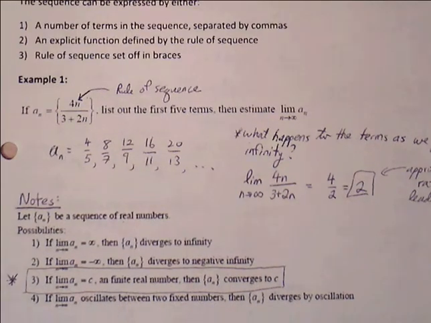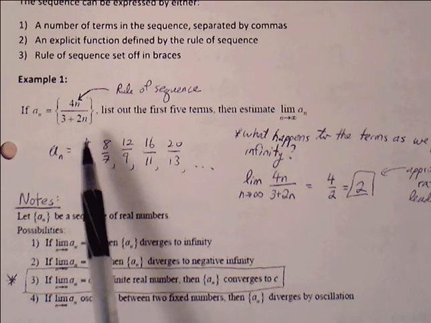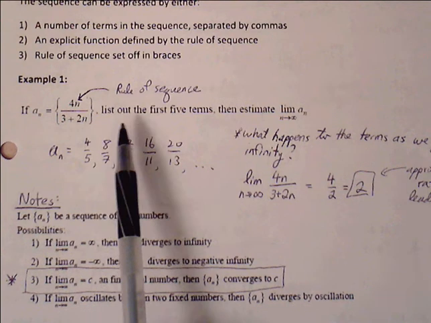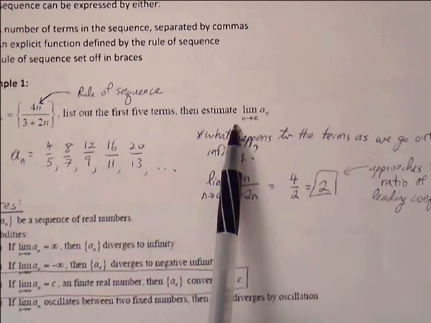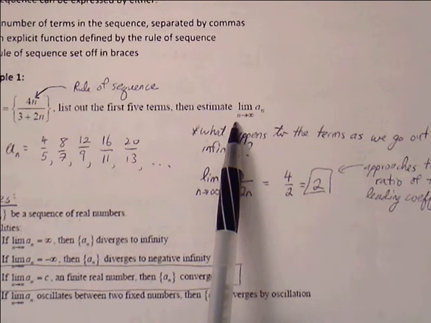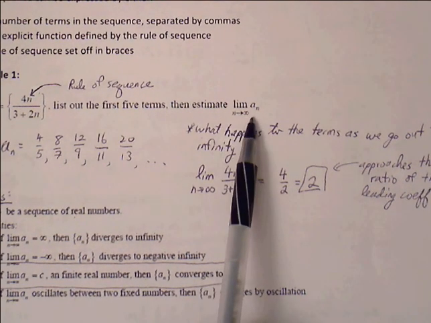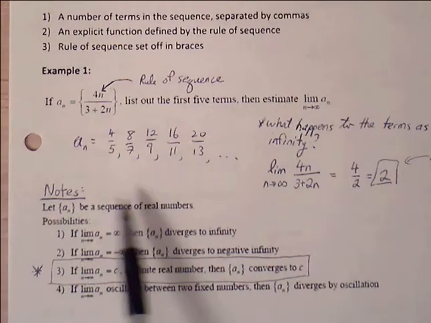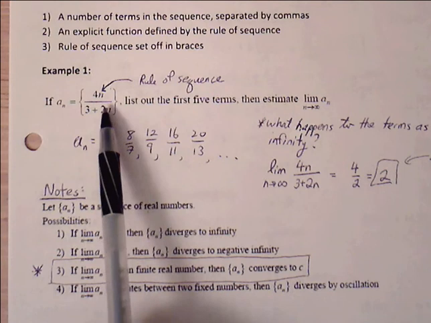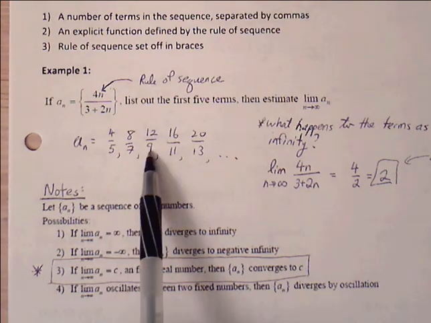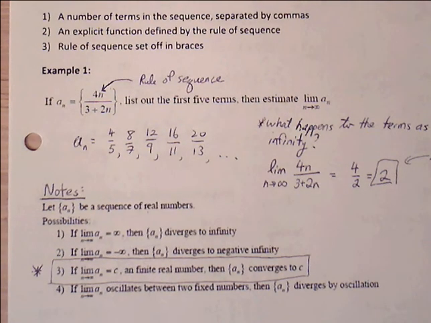If a sub n is equal to this rule of sequence, 4n over 3 plus 2n, list out the first five terms, then estimate the limit as n approaches infinity for a sub n. If we list out the first five terms, we simply plug in our n value into our rule of sequence and find each of the first five terms.